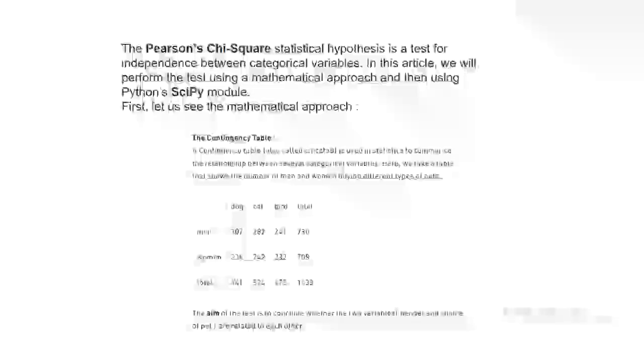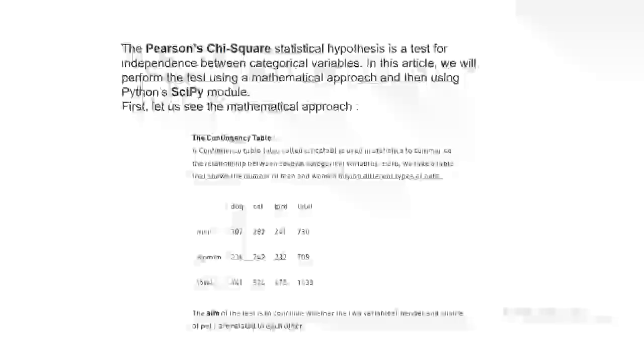Chi-square is a statistical hypothesis test for independence between categorical variables. If you want to check whether there is some kind of independence or not in those categorical variables, you come up with this chi-square. But just remember that both the independent and dependent variable in a chi-square test are categorical.